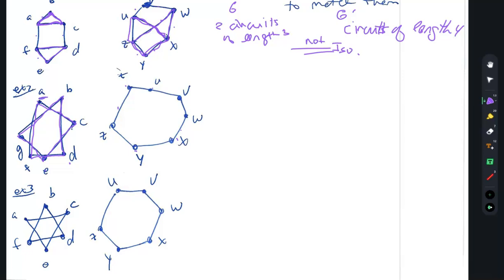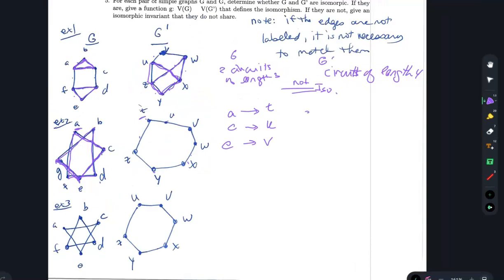So I can match A, and I'll just choose the letter T. So A can go to T. The next vertex connected to A would be C, so C would go to U. Then the vertex E, so E would go to V. Then the vertex G, so G would go to W. And then the vertex B would go to X. And then the vertex after B is D, and D would go to Y.